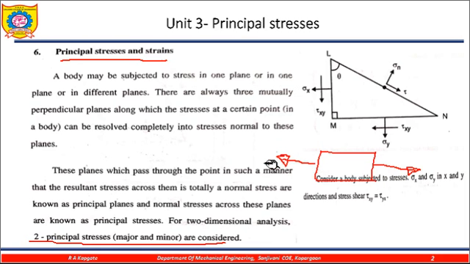When I apply the force in this direction, the stresses are developed. Instead of this force, if I use the traction force, this is not a point load, instead there is a UDL load on this surface. So when I apply the UDL load on this surface, then the stresses are developed.